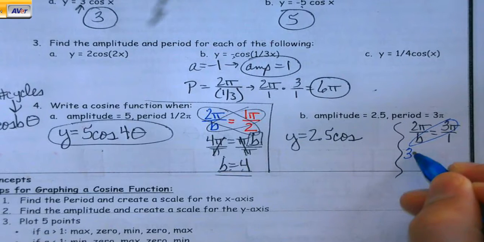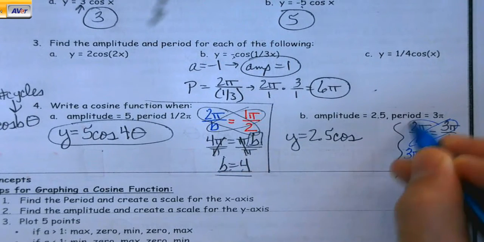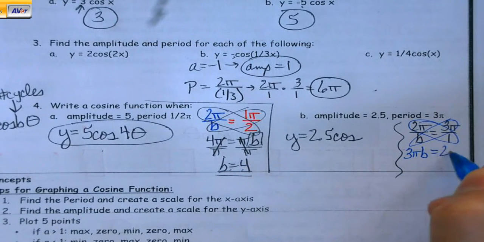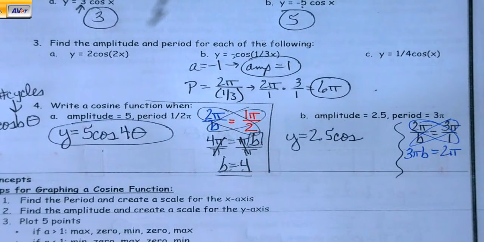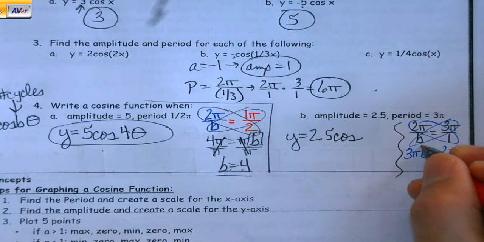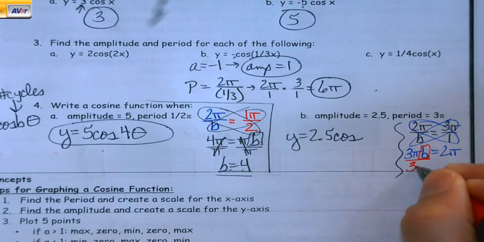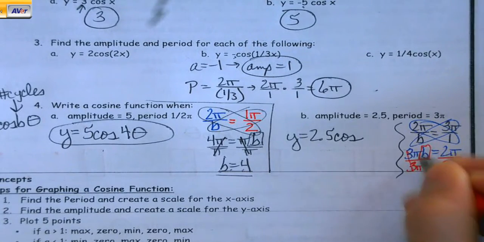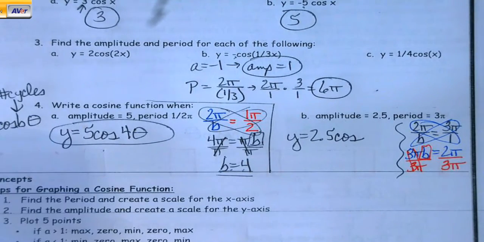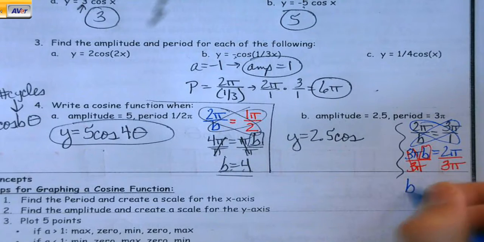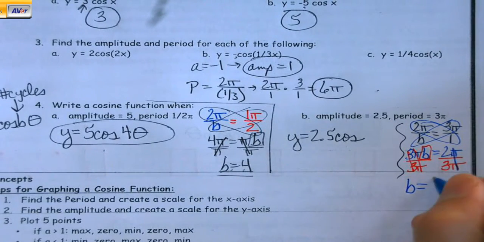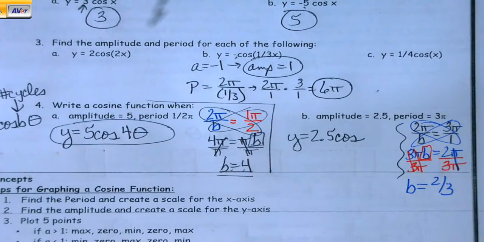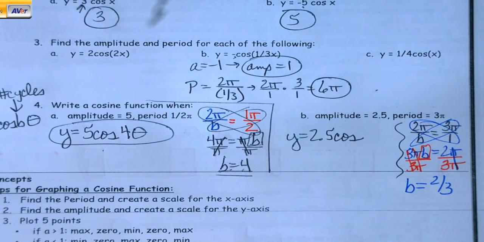I cross multiply. And again, I look on the side that has the b, and anything that is not b I need to divide by. And yes, I can get fractions for b. That can happen.